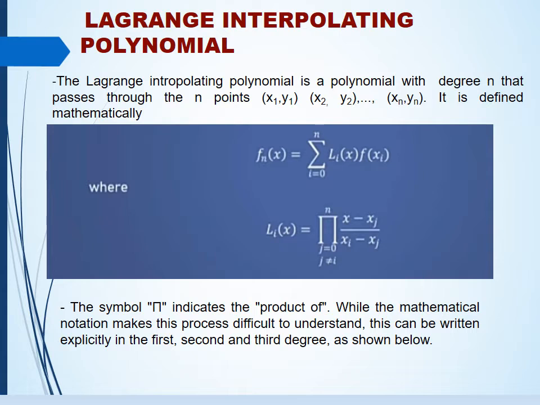It is defined mathematically as f of x is equal to the summation of Li of x times f of xi, with i equal to 0 to n, where Li of x is the product of x minus xj all over xi minus xj, from j equal to 0 to n, where j must not be equal to i.